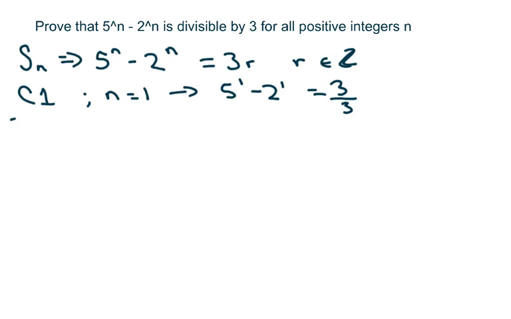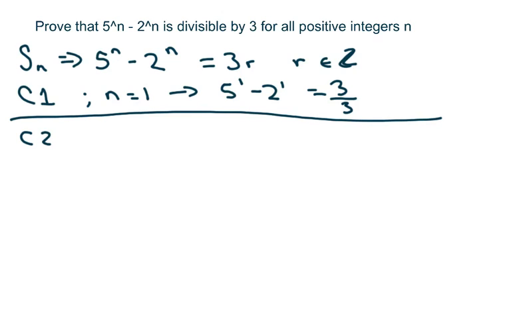Okay, so what we want to show for condition 2 is that it is valid for n equals k. So I'm going to rewrite my statement with k, and let this be equal to 3r.